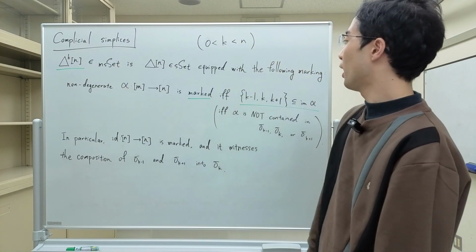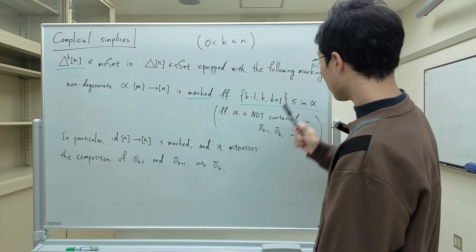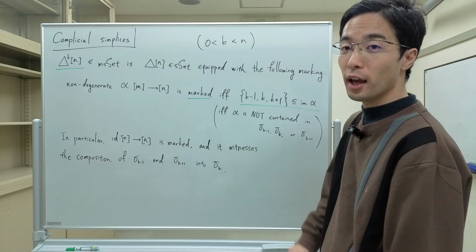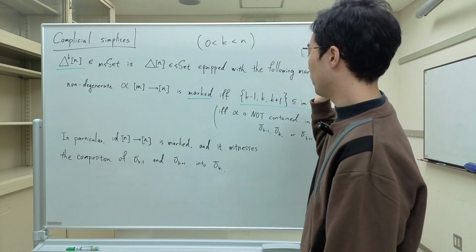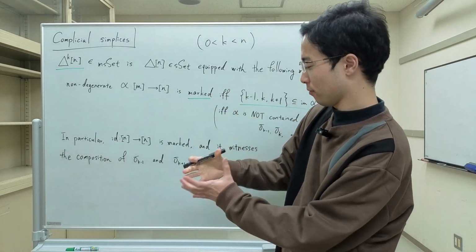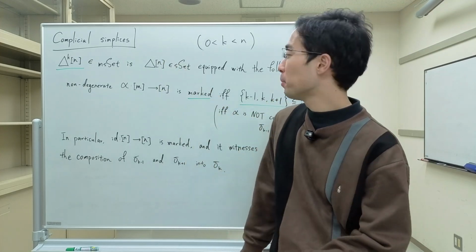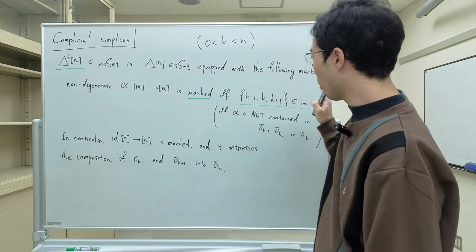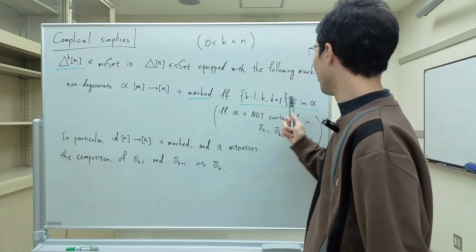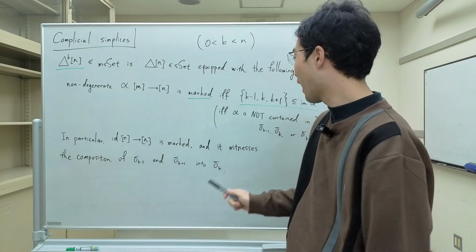And the way I'd like to think of this condition is that, for example, the image containing this integer k means that alpha has some part of this n simplex not contained in the kth face, because the kth face is the face spanned by all the vertices but k.